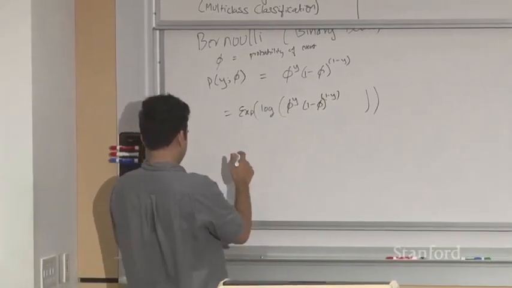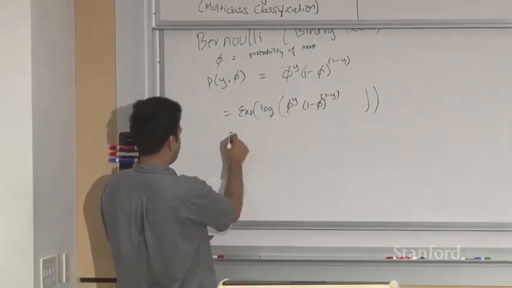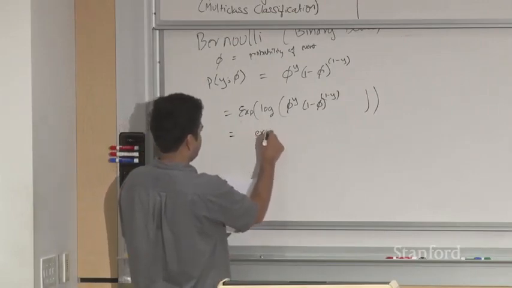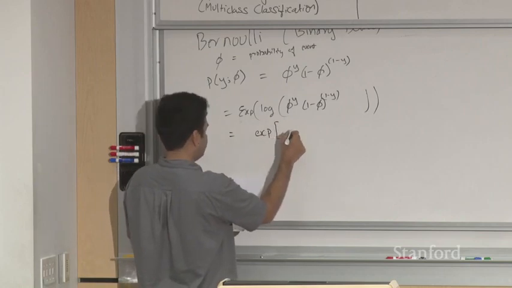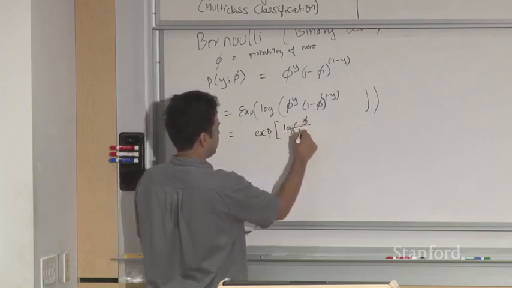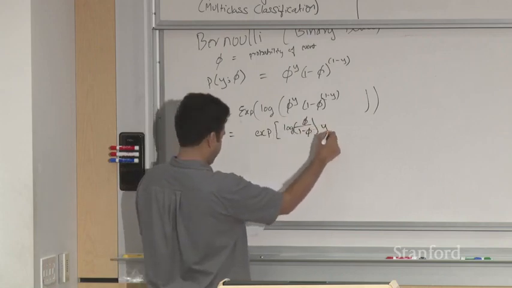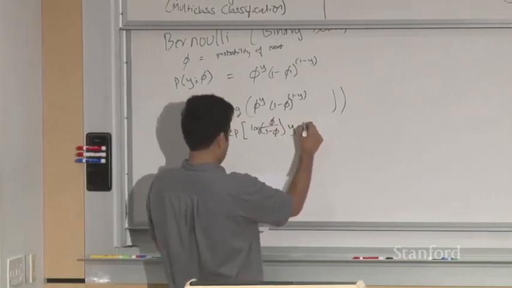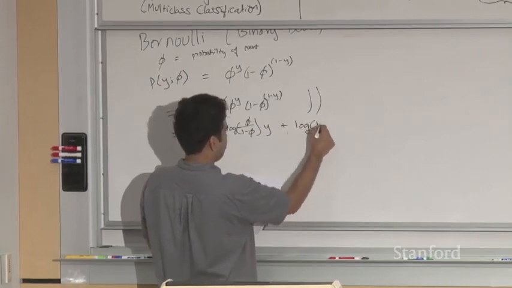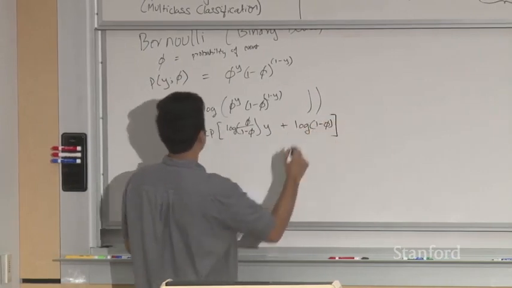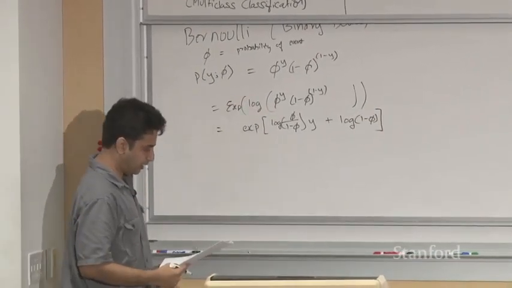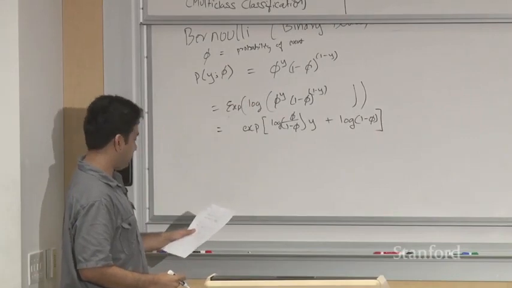If you do some more algebra on this, we will see that this turns out to be exp of log(phi over 1 minus phi) times y plus log of (1 minus phi). It's pretty straightforward to go from here to here. I'll let you verify it yourself.